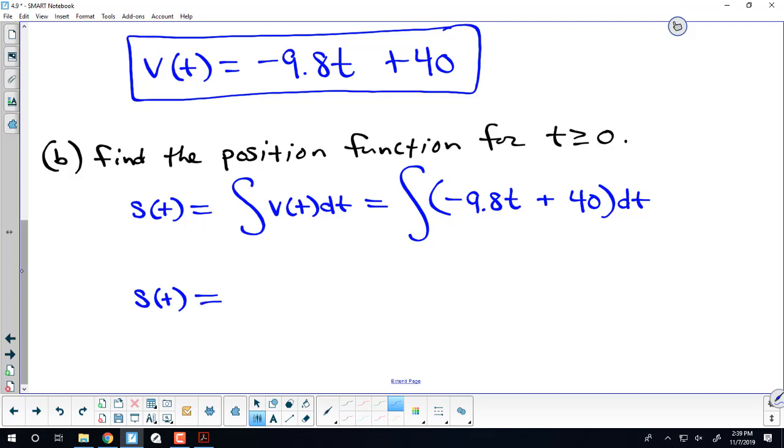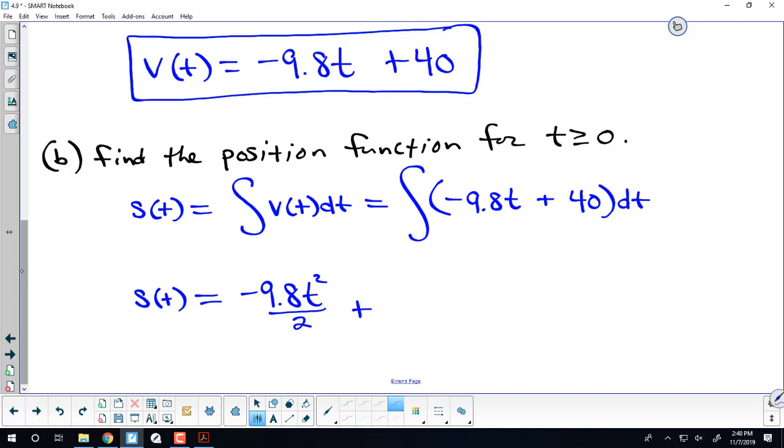So the antiderivative of negative 9.8 t with respect to t would give us negative 9.8 t squared over 2, plus, add 1 to the exponent and divide by the result.